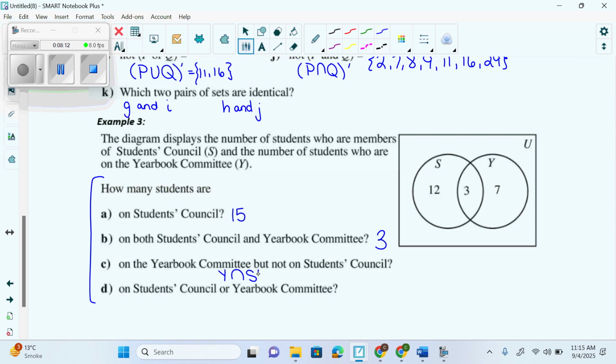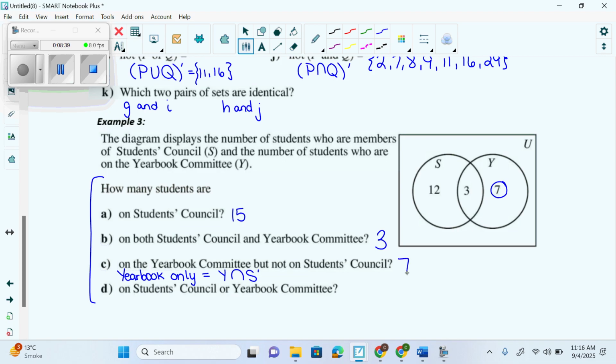And if it says on the yearbook committee, but not on student council, that's also a fancy way of saying yearbook only. That's their fancy way of saying yearbook only. So yearbook only is how many? Yearbook, but not student council, is yearbook only.